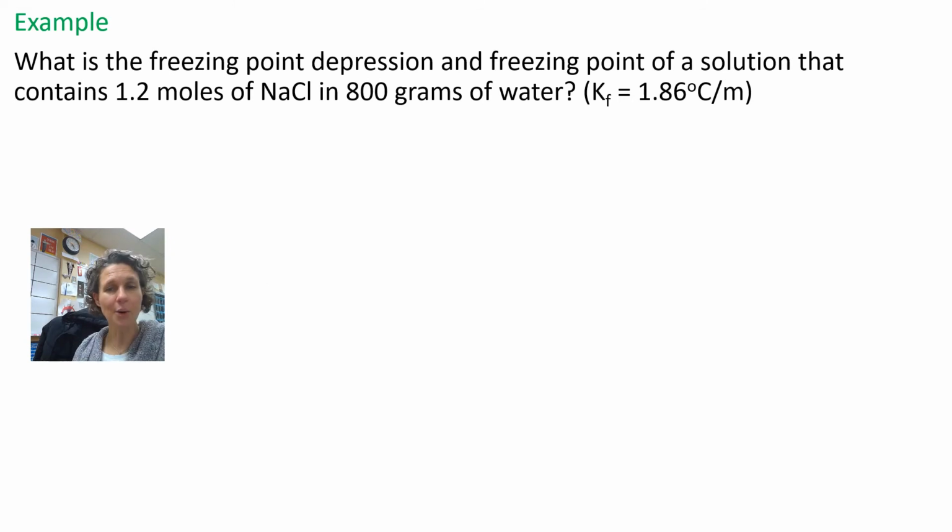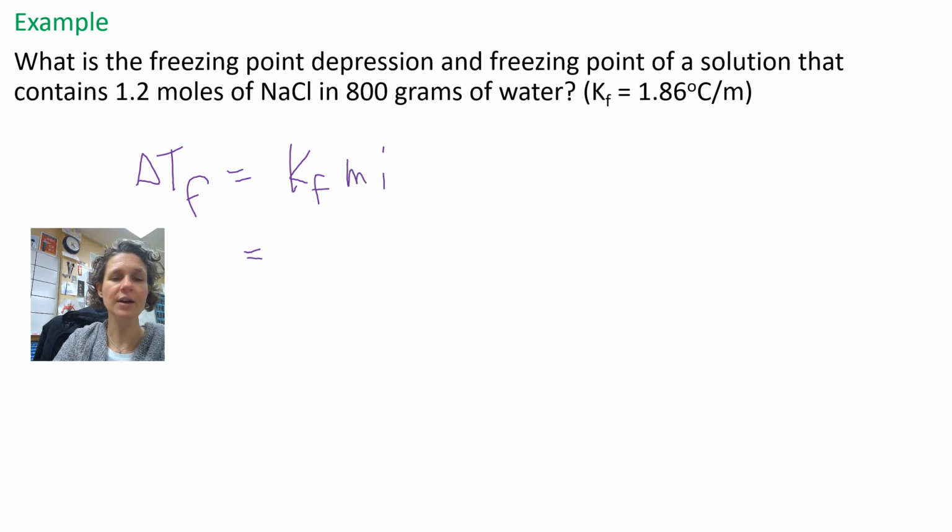All right, so now, oh, look at that, an example. So what is the freezing point depression and new freezing point of a solution that contains this? Okay, so delta TF should look familiar because we just did this exact same problem. And I've got KF times m times i. So KF is 1.86.